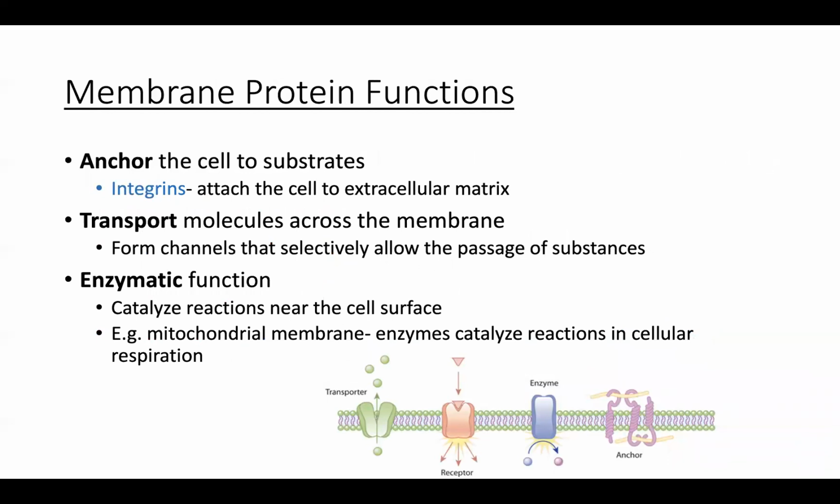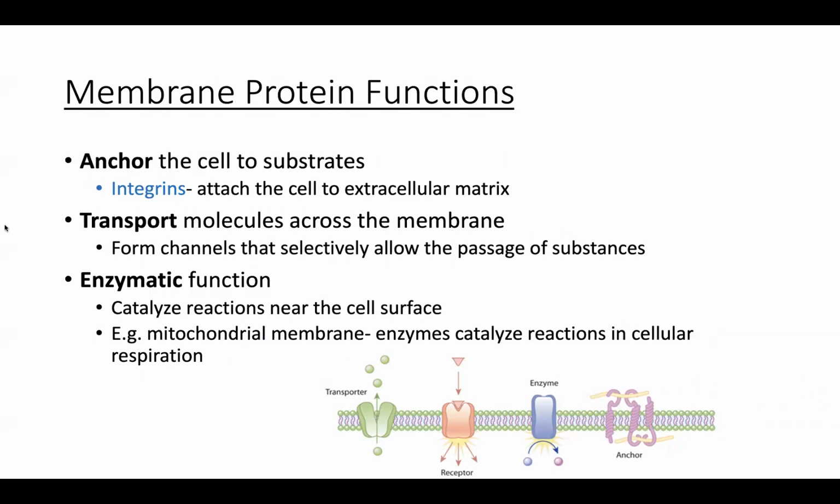So I talked about some other functions of membrane proteins. I said that they can assist in attachment and adhesion or anchoring. We said that they can assist with transporting molecules across the membrane, right? And then we mentioned that there are chemical reactions taking place at the cell membrane.